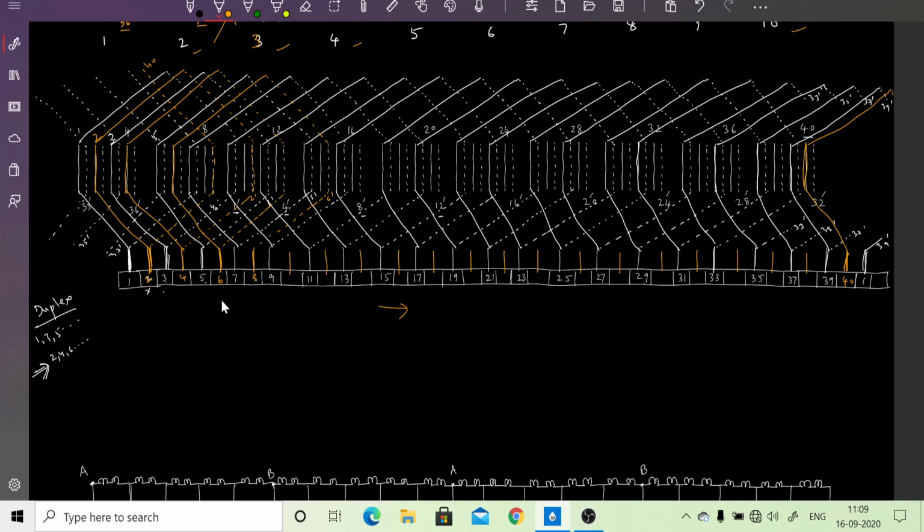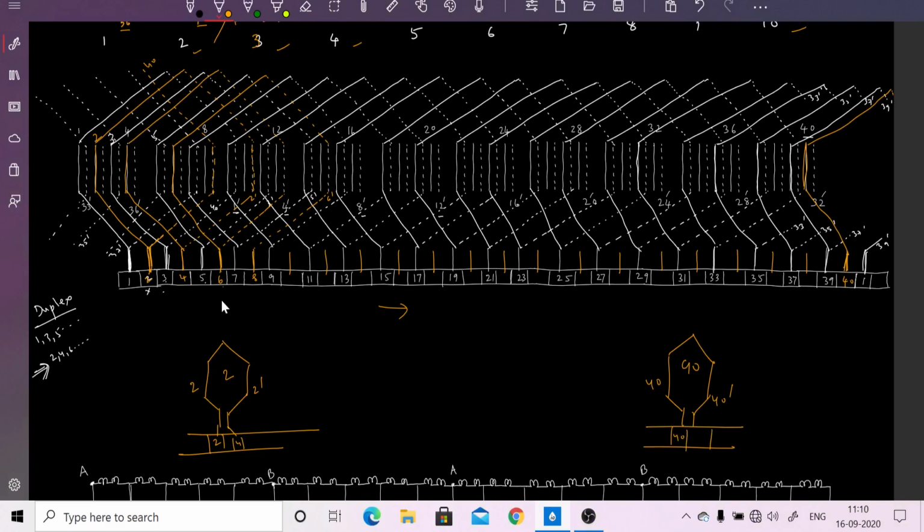So if you notice, we have started coil 2 with coil sides 2 and 2 dash from segment 2, and this is connected to 4, and the last coil 40, with coil sides 40 and 40 dash, is started at 40 and ended at 2.